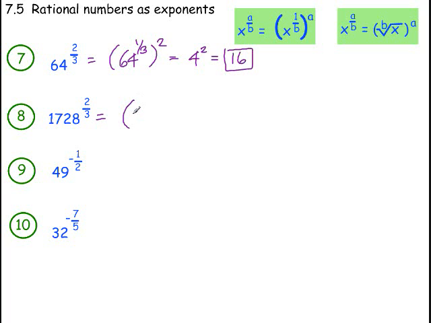And this one, I'm going to take this 1728, and I want to find the cube root of that. And then I have to square it. Wow, what in the world is the cube root of that thing? I have no idea.